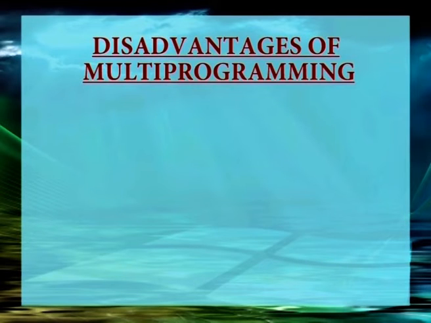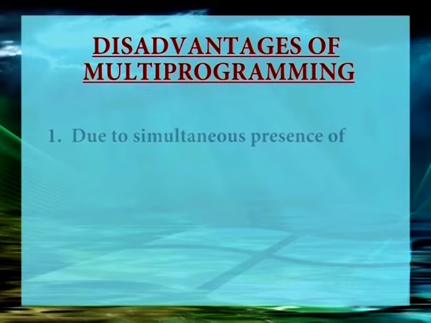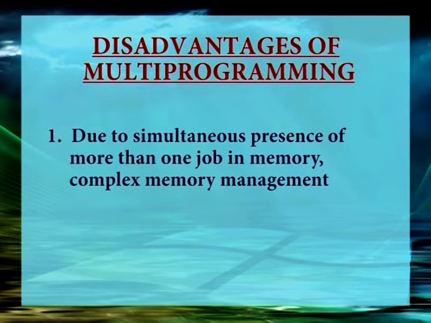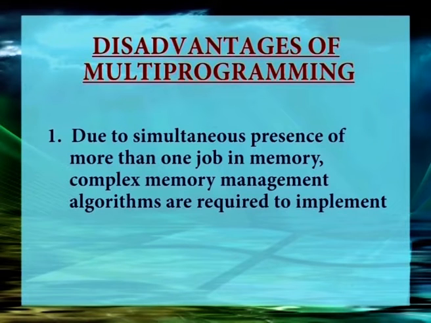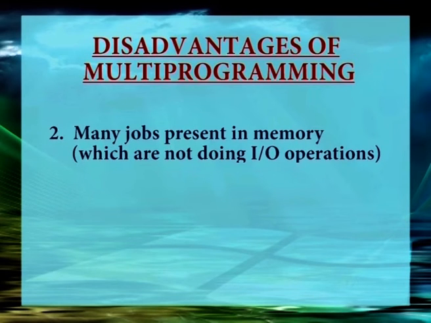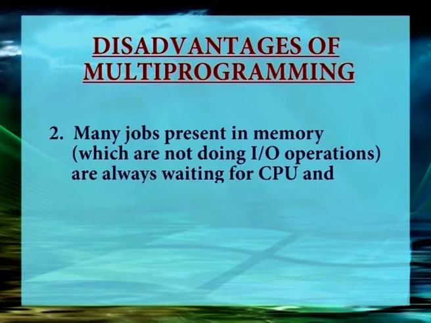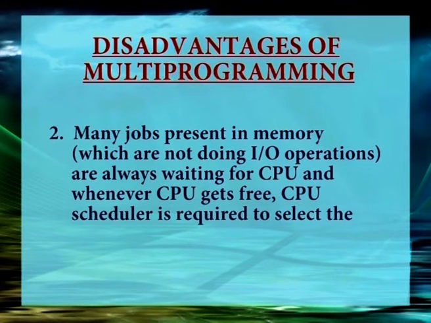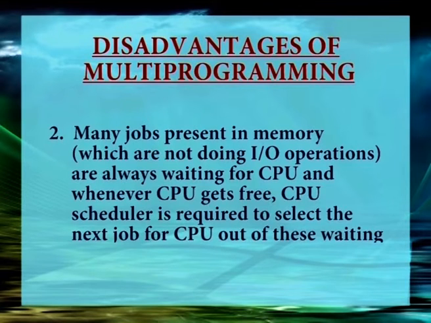There are few disadvantages of multiprogramming also. First is due to simultaneous presence of more than one job in memory, complex memory management algorithms are required to implement multiprogramming. Second is many jobs present in memory which are not doing input-output operations are always waiting for CPU, and whenever CPU gets free, CPU scheduler is required to select the next job for CPU out of these waiting jobs.